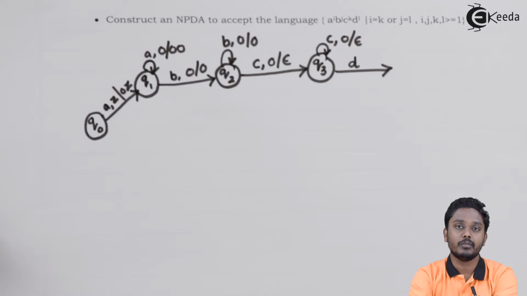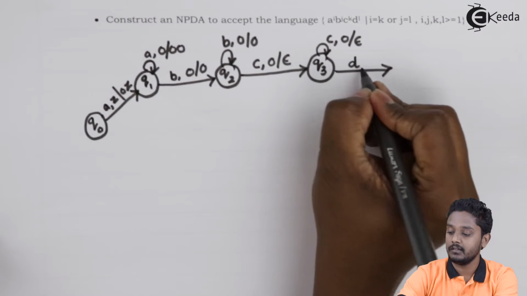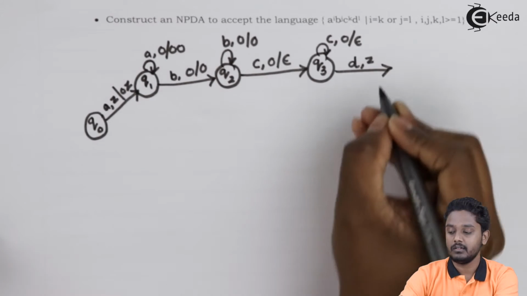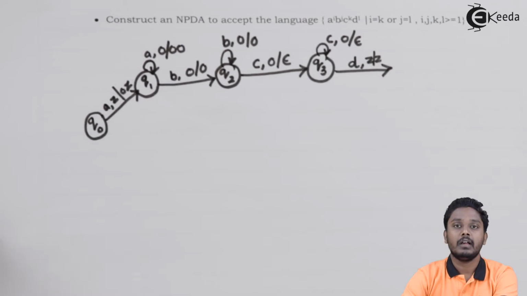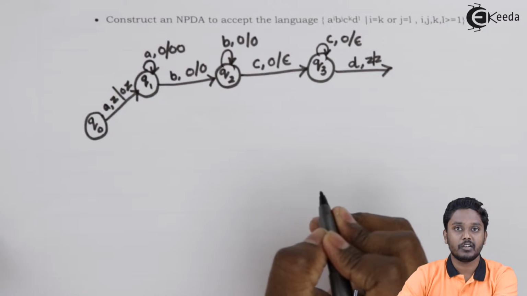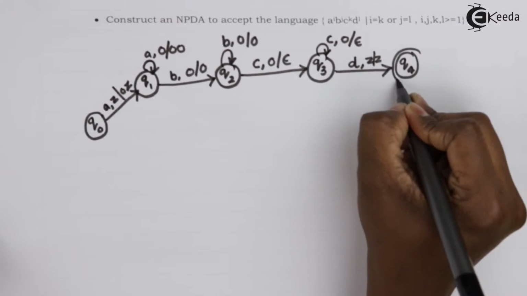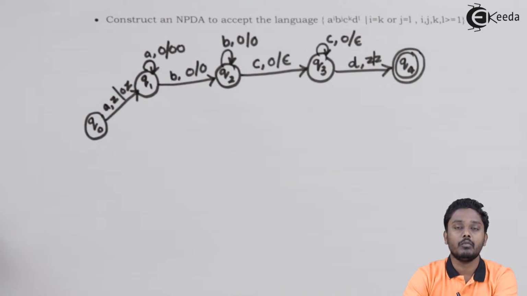So all the zeros pushed while encountering A would be removed while encountering C. We'll keep the Z as it is, and we go to the final state. Let us say the final state is Q4. Over here, whatever number of D's are coming up, we can just ignore them.